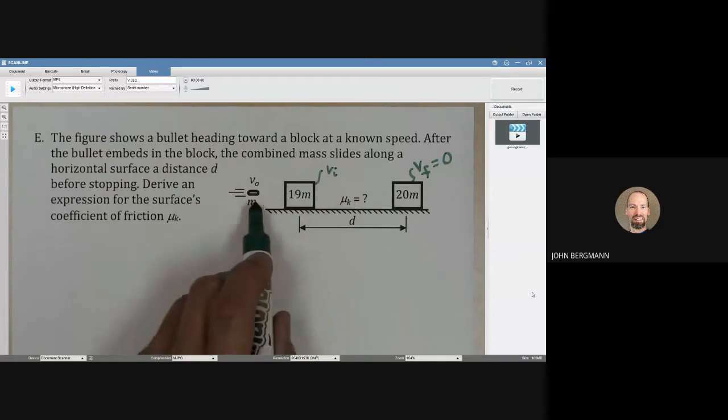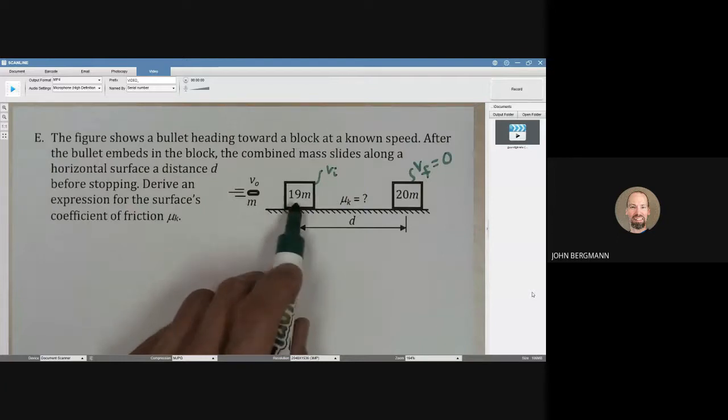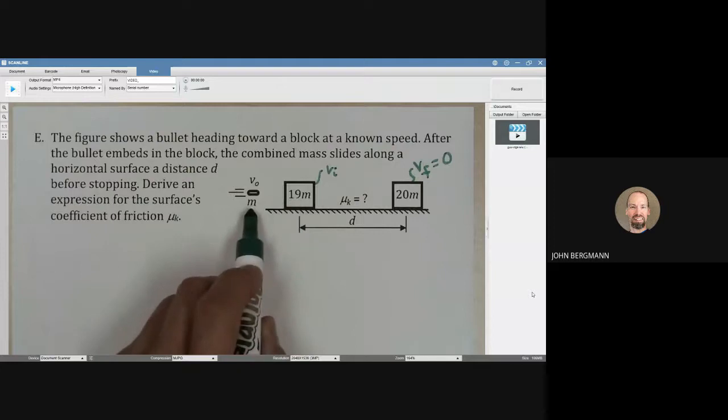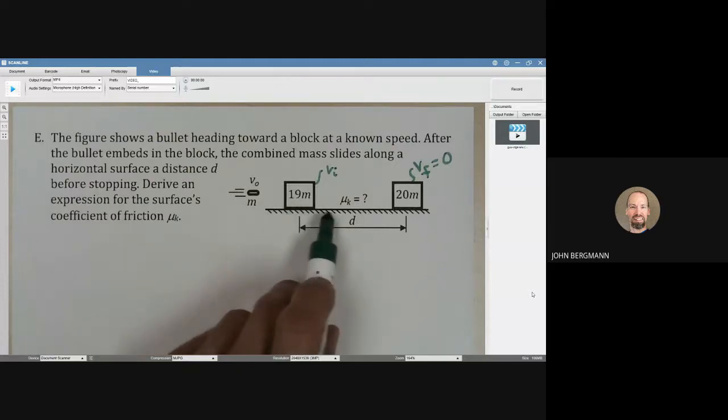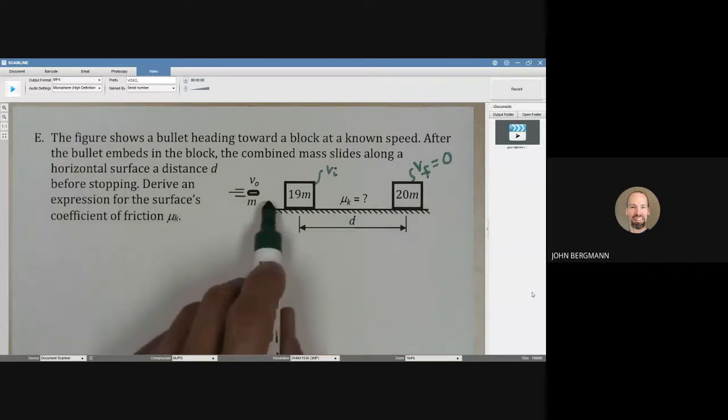I'm looking at this first interaction, and I'm thinking that when the bullet slams into the block, it produces a mass that is 20 m, right? The bullet is m, the block is 19 m. So when it ends up over here, it has a total mass of 20 m. Momentum is conserved in that interaction.